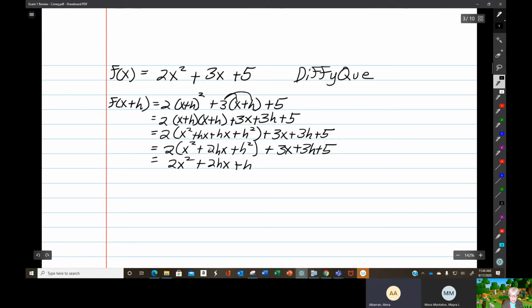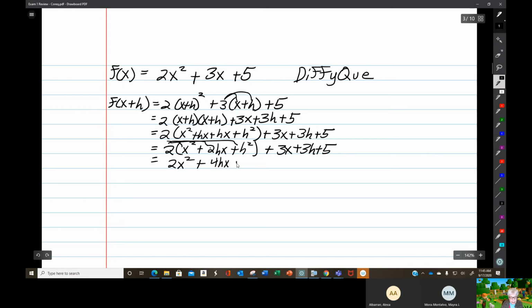2 times 2 is 4. Didn't distribute. Yeah, 2 has to go here, 2 goes here, and 2 goes here. So let's just erase the whole thing and start over. Not the whole thing. Okay, 2 times 2 is 4.